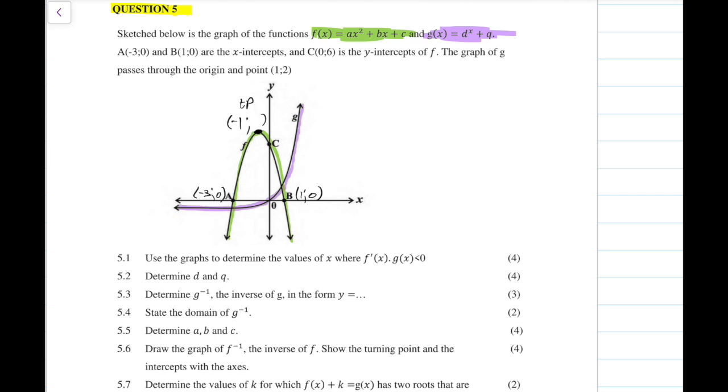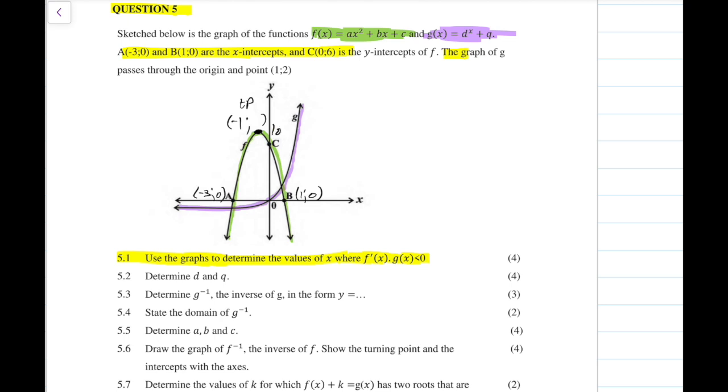Use a graph to determine the values of x where the first derivative of f times g of x is less than 0. Okay, so they're going straight into this here. I just want to also show you that it says that c is (0, 6), so I didn't realize they were going to go straight into this. So let me fill in the rest of these values.